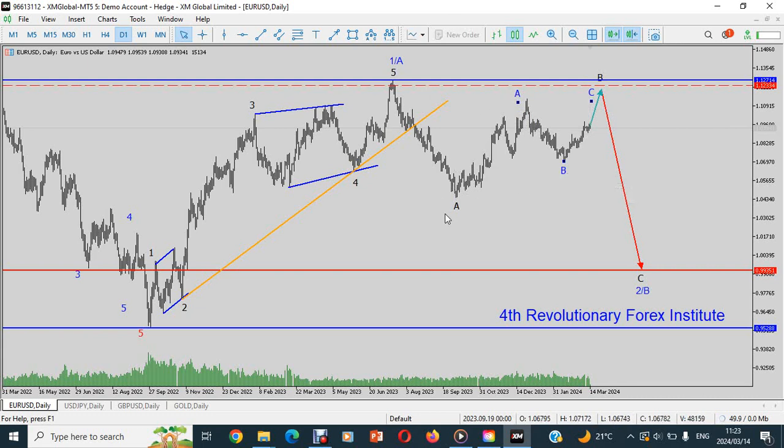A zigzag pattern is formed by wave A, which is an impulsive wave, then wave B, which is the correction of wave A, and then wave C, which is the final leg.